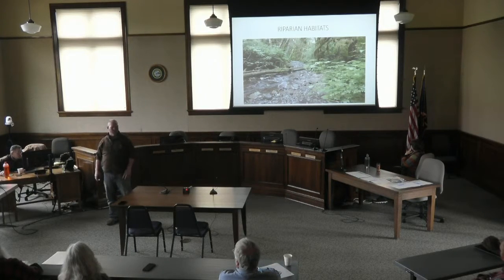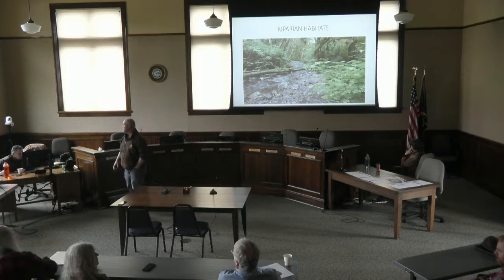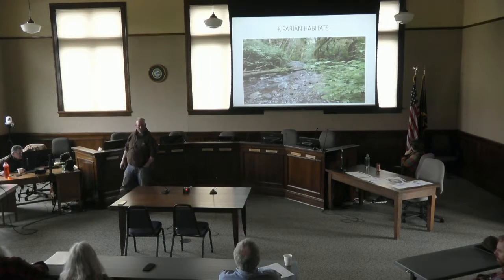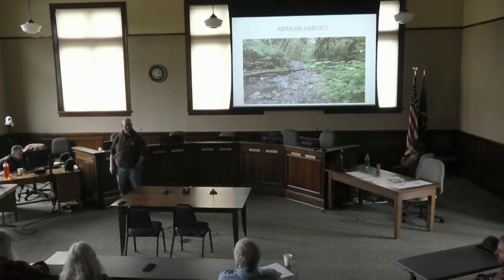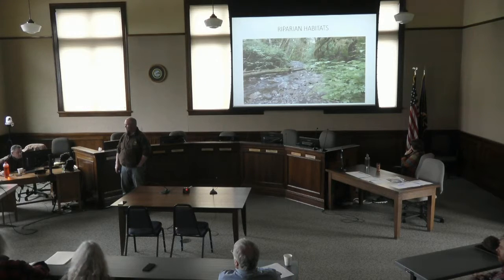Those are the measurements we use. I'm not trying to speak to the county's definition of where you start measuring the 50-foot buffer. We call it the line of non-aquatic vegetation, which I think as staff we still have a lot of ambiguity about as well.